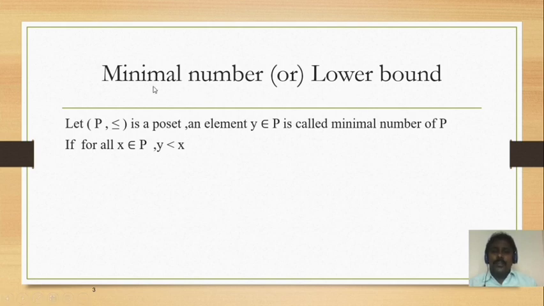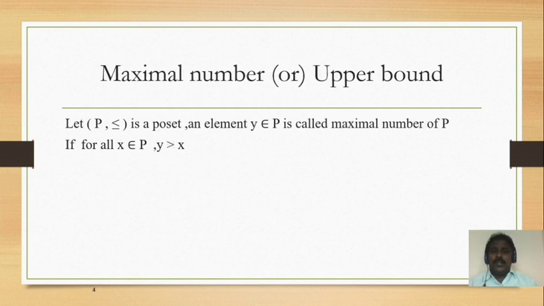Now we know the definition of a maximal member or upper bound. What is the definition of upper bound? Easily we can guess it. Here y less than x means minimal member. Maximal member is the reverse, x less than y. So we see the definition of an upper bound now. Let (P, ≤) be a poset.